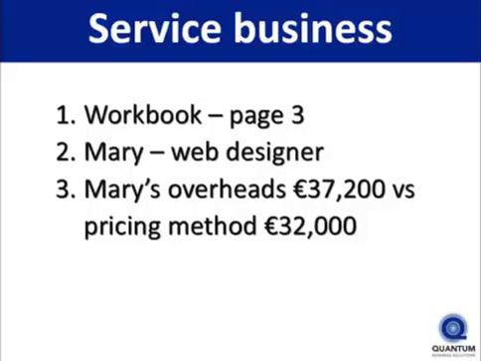So the bottom part of page 3, you can see Mary's sales target is 32,000, which comes from her pricing method just above. I'm going to divide that by the average number of weeks she will work every year, which we put down as 45, and divide that by the average number of billable hours she will have every week, which we put down as 20. If you have a calculator handy, it's probably no harm to work this out.